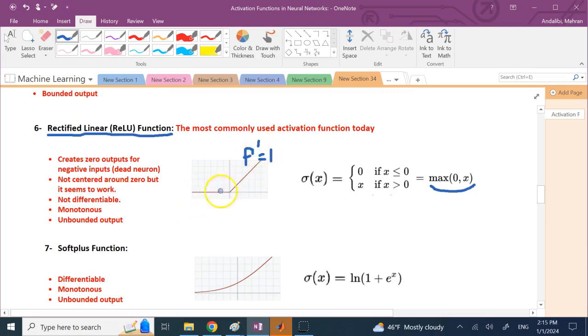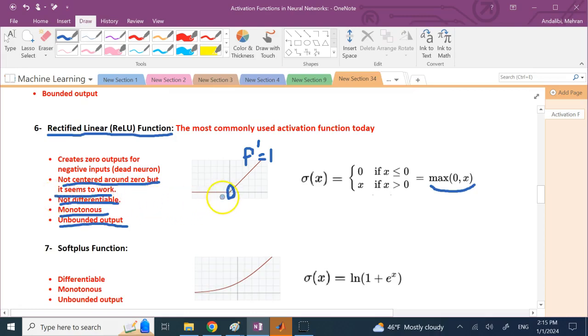It is a nonlinear function. Well, what's bad about it? Right off the bat, you can see that at 0, it's not differentiable. Good thing about it, it's monotonic. Good or bad thing about it is it's unbounded output, depending on what you want to use it for, but most of the time it could be to your advantage. The data is not centered around zero. Again, some applications do not even require that, and it seems to be working fine.